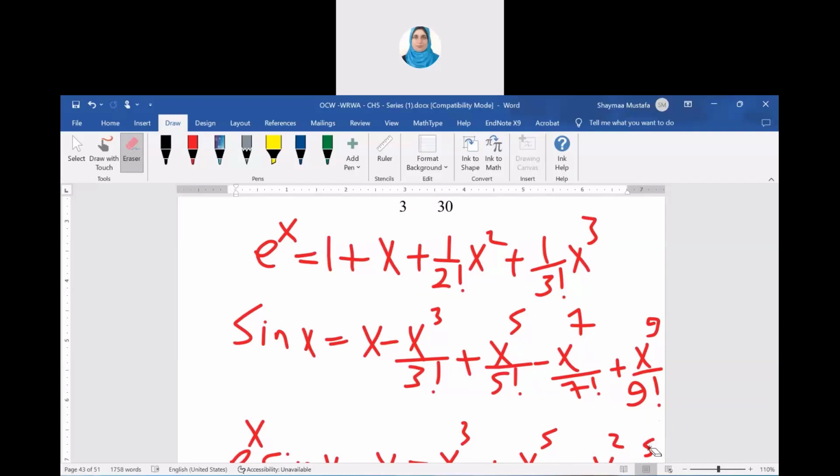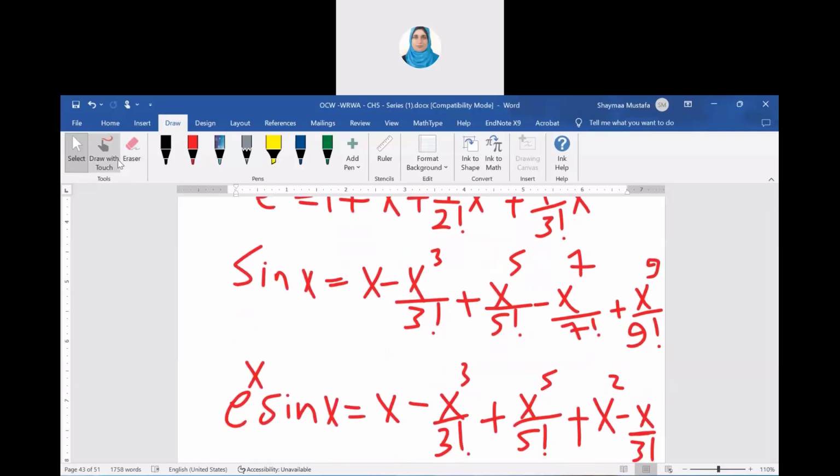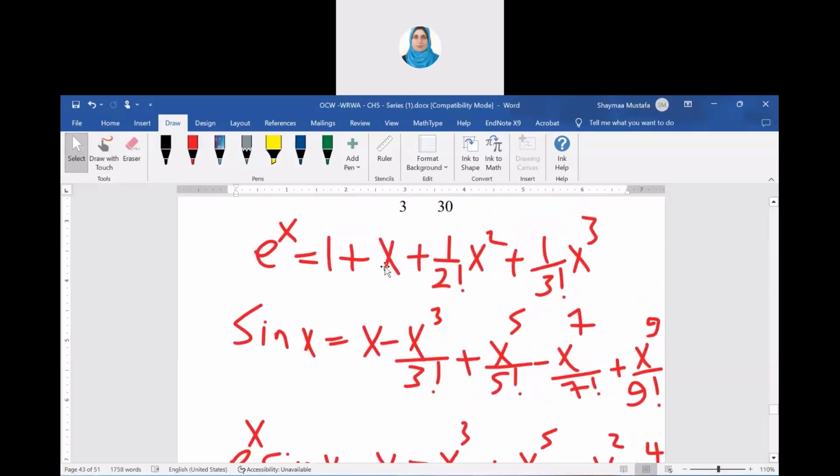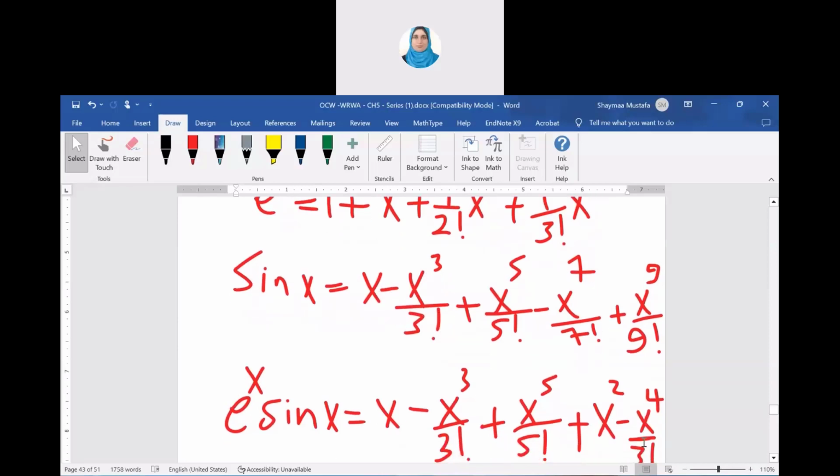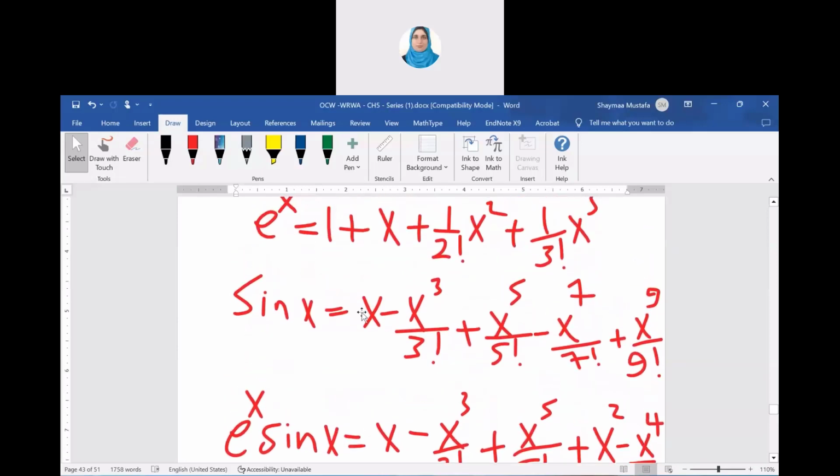This one should be x to the power 4, because here I multiplied x by x, we have x squared.